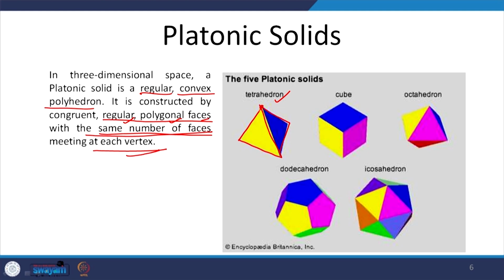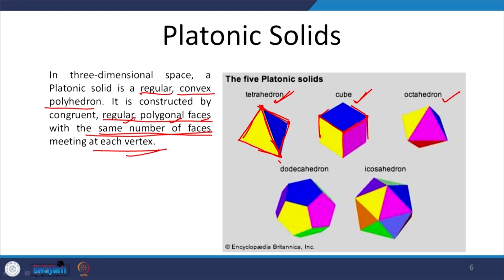So at this vertex, we will have 3 triangular faces. At this vertex also we will have 3 triangular faces and likewise. This is a tetrahedron. What is a cube? A cube has 3 square faces meeting at each vertex. So if you look at each vertex, we will have 3 square faces meeting. This is another platonic solid.